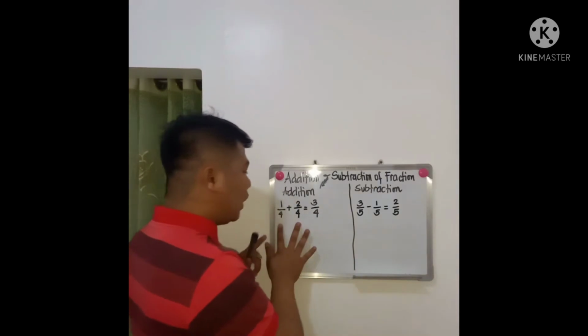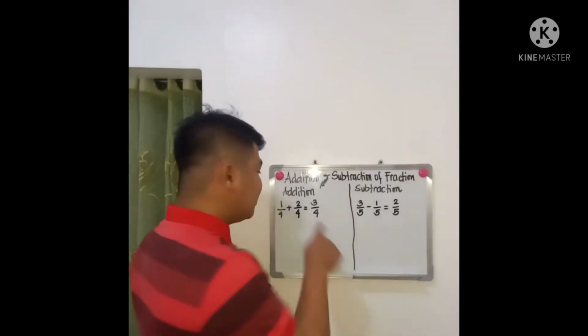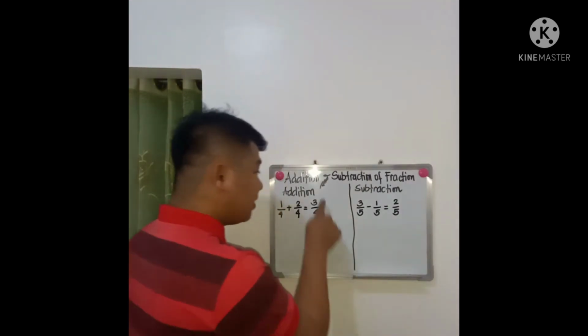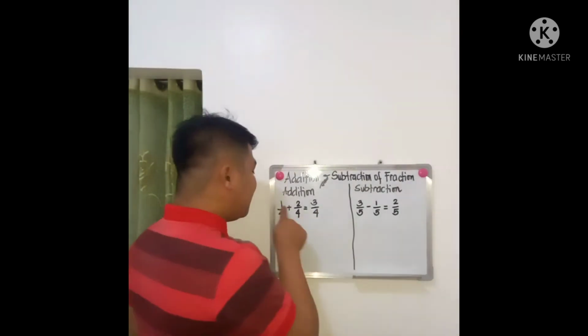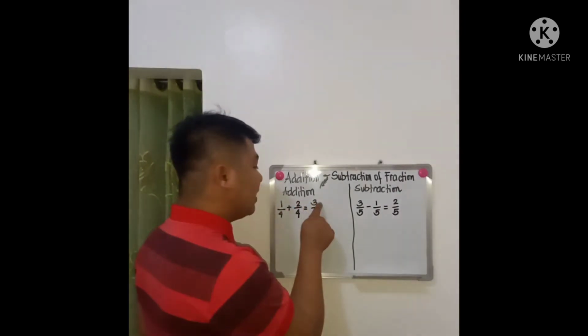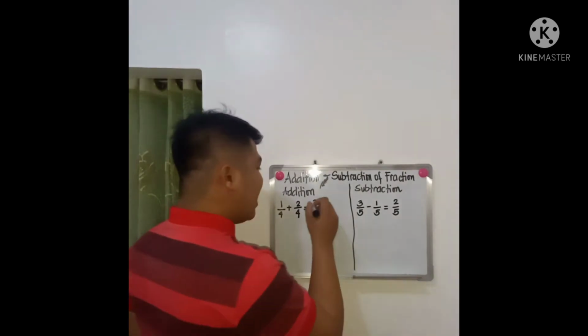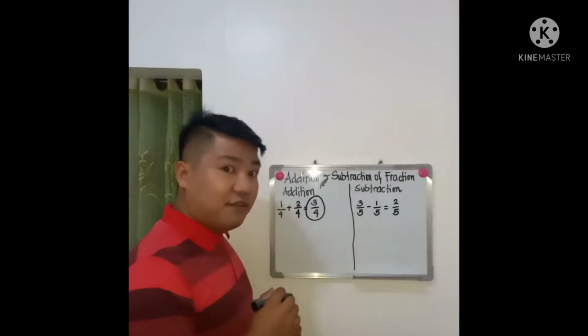So in our example, on the addition of fraction, we have here 1/4 plus 2/4 equals 3/4. Because we just simply add the numerator, 1 plus 2 equals 3, and copy the denominator, and that results to 3/4.